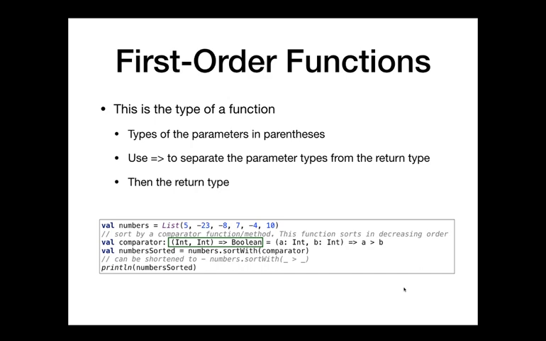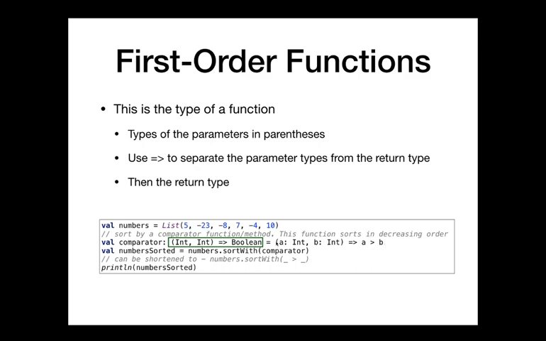Let's talk about the other side of this, the type of a function. So this whole line, just in case it wasn't clear, is the same as any other variable we created with an assignment for its default value. We're saying, create me a value named comparator, begin the type, this is the type, equals some value, and this is the value.